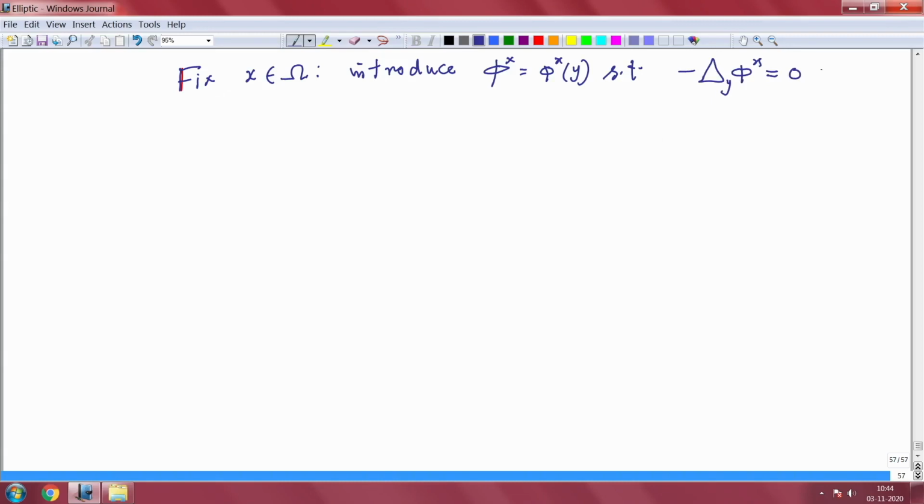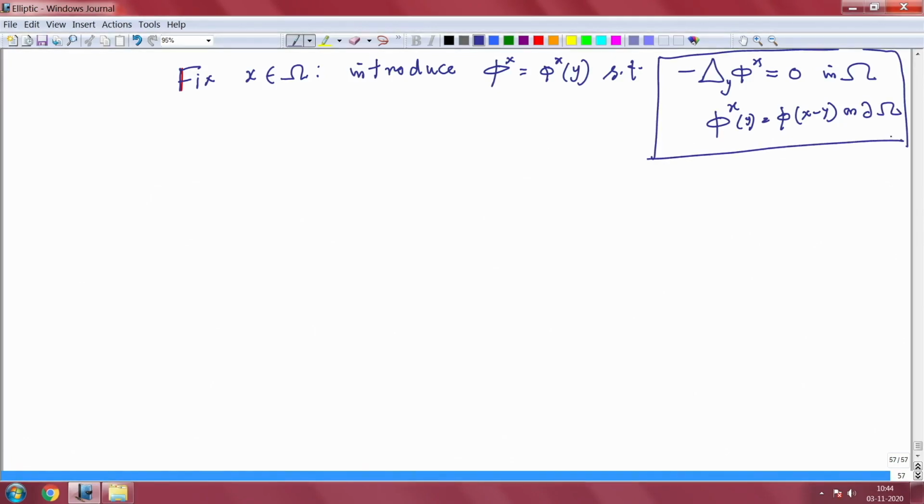You need this in omega, and then phi x of y equals phi of x minus y on the boundary d omega. Of course, solvability is a question, because we do not know the solvability yet. So, we are assuming that such a solution exists.